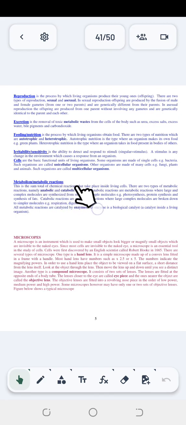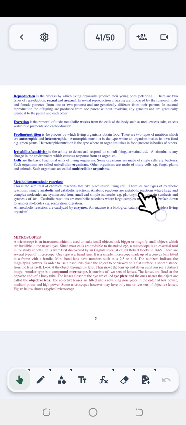metabolism and metabolic reactions. This is the sum total of chemical reactions that take place inside living cells. There are two types of metabolic reactions, namely anabolic and catabolic reactions.